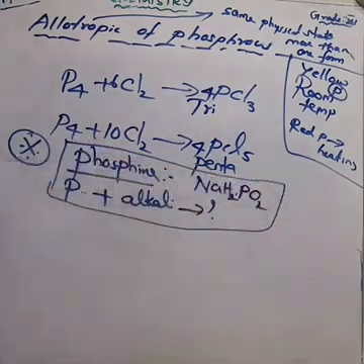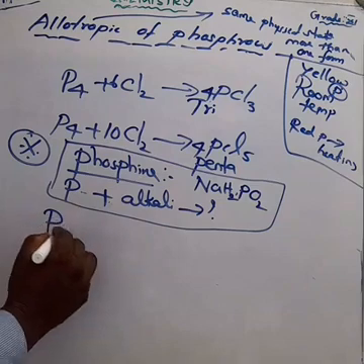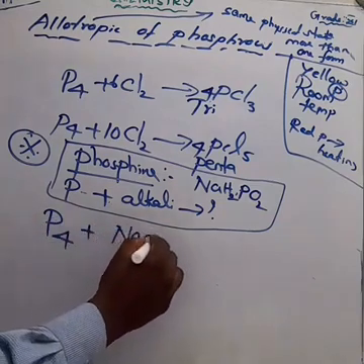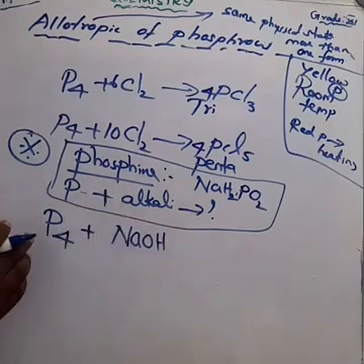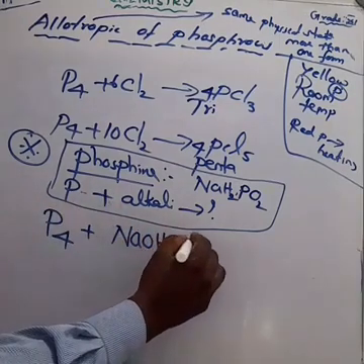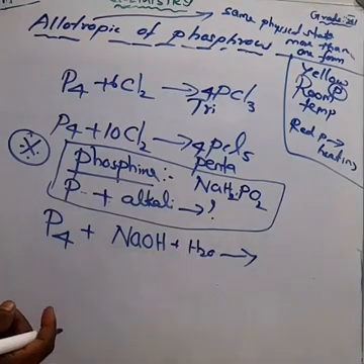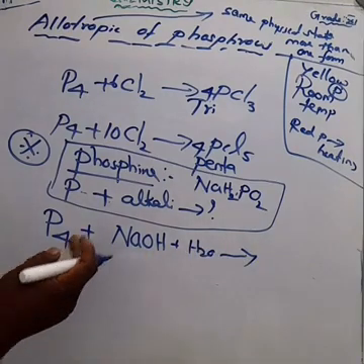Phosphorus reacts with alkali. Yellow phosphorus, we are taking yellow phosphorus, reacts with alkali on boiling in an inert atmosphere, and we get one of the products called phosphine, P-H-O-S-P-H-I-N-E, phosphine, okay?